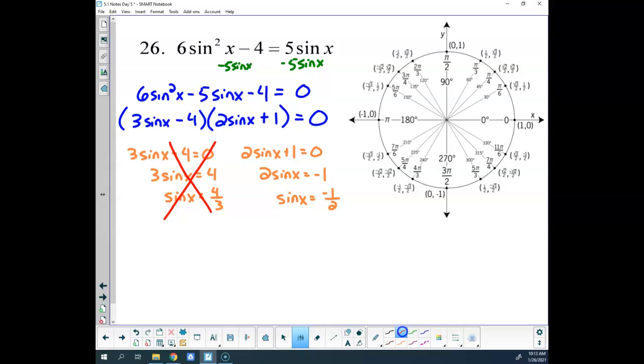That one gets thrown out, extraneous solution. Sine equaling negative 1/2, so that would be 7 pi over 6 and 11 pi over 6.